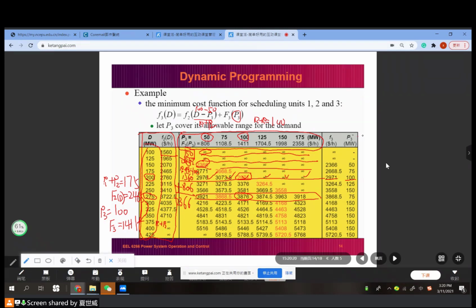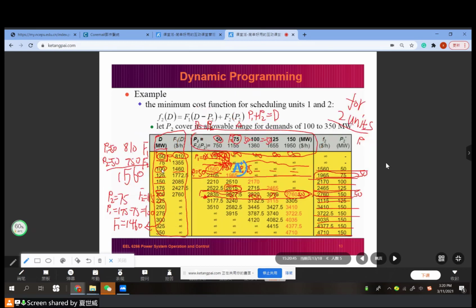If you add another column here, it means that P1 plus P2 is also 100, because the total load is 200 and generator 3 is fixed at 100, so the left is 100 for P1 and P2. If you want to find the solution for P1 and P2, you know that for a total load of 100, the best solution is this.